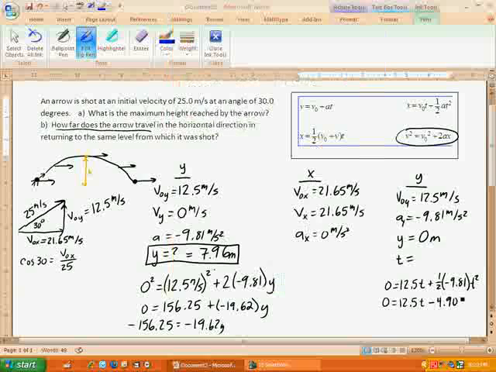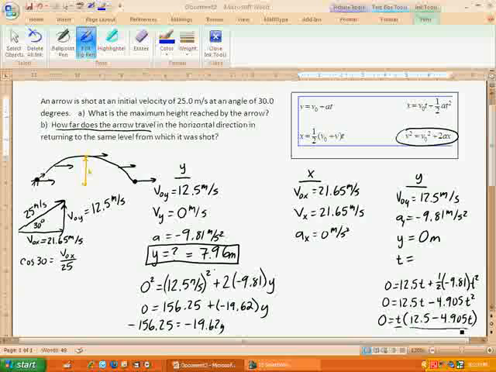So I'm going to factor out a t. So that'll be t times 12.5 minus 4.905t, right? Because I took a t out of this one, which leaves me with 12.5. I took a t out of this one, which will leave me with the same constant, but only a t.